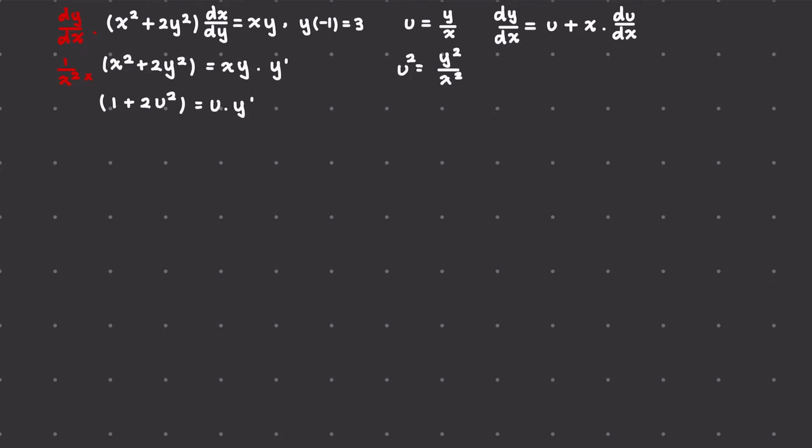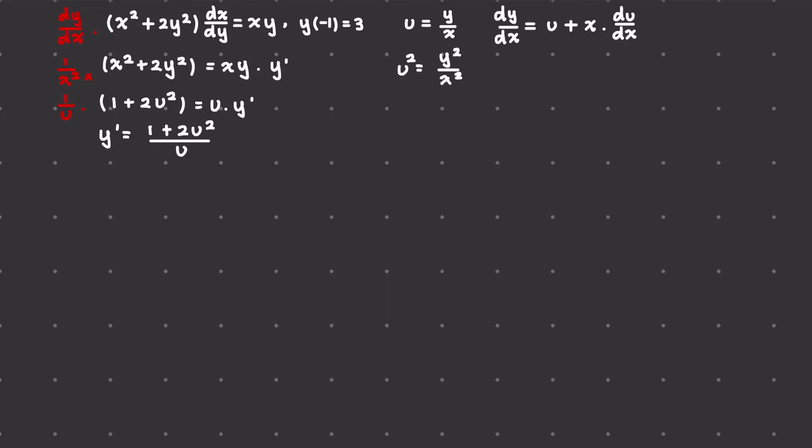And so we want to make this equation y prime equals, let's multiply everything again by 1 over u. That will give us y prime equals 1 over u plus 2u, or let's just combine the fraction as 1 plus 2u squared over u.